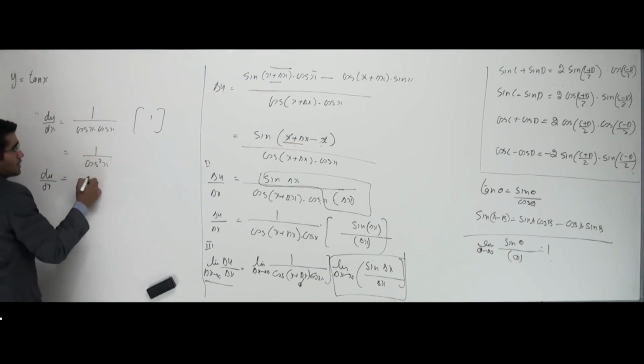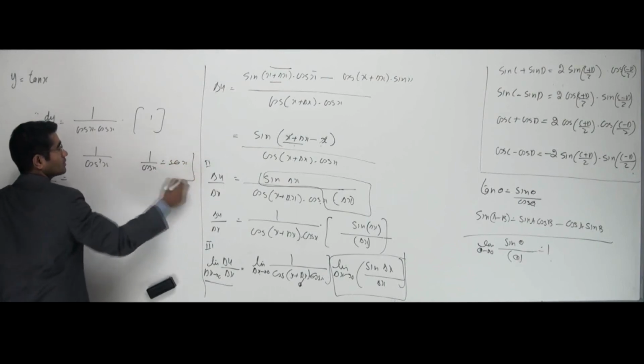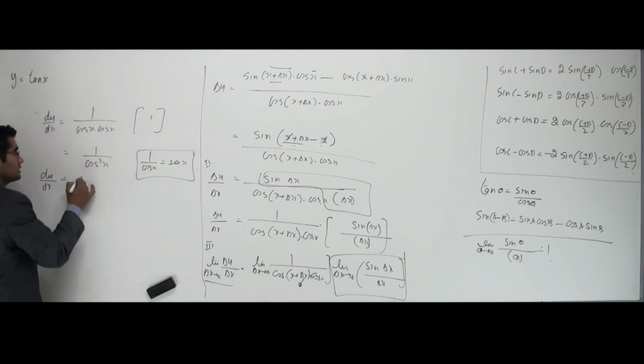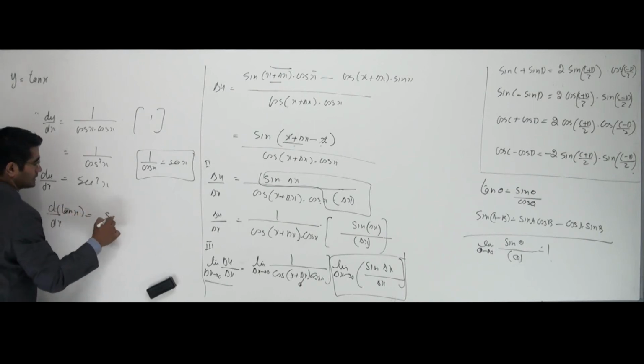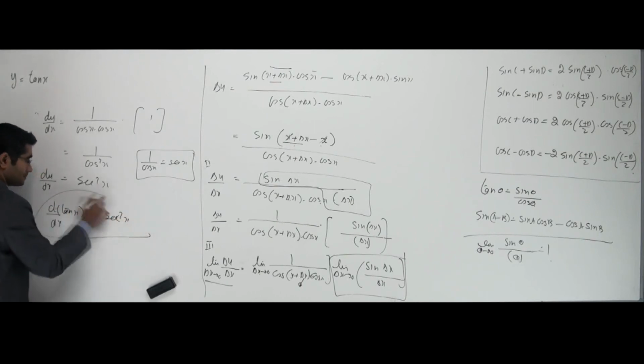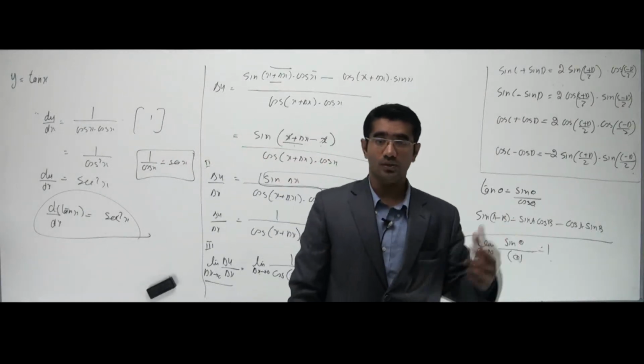I know the reciprocal of cos x is secant x, one of the formulas. So 1 by cos squared x is secant squared x. So is that my formula? Yes: d by dx of tan x is given as secant squared x. Very simple. In the same way you can do cot. So you try it yourself, otherwise we'll do it in the next video.